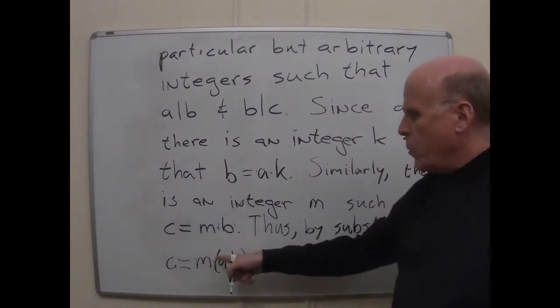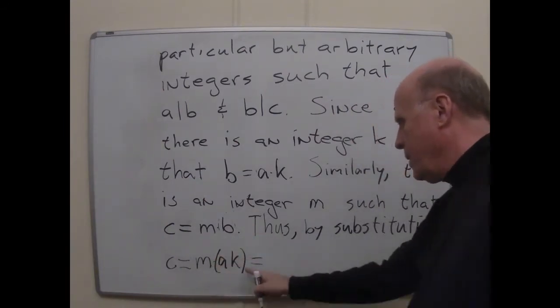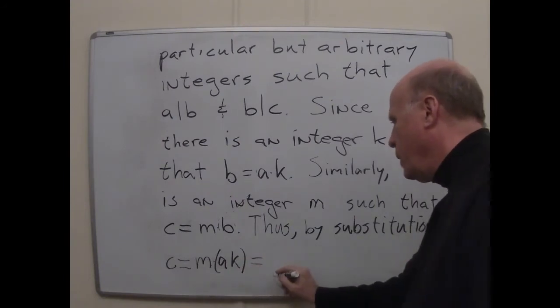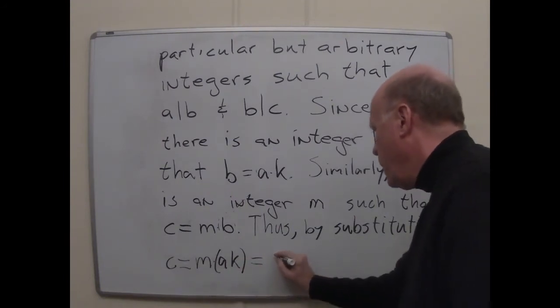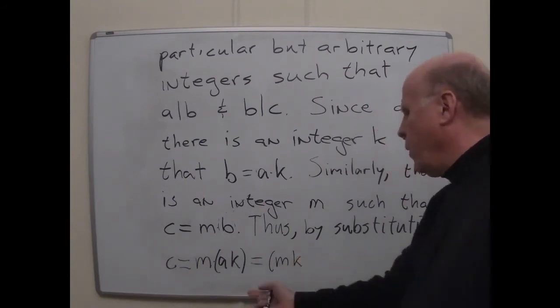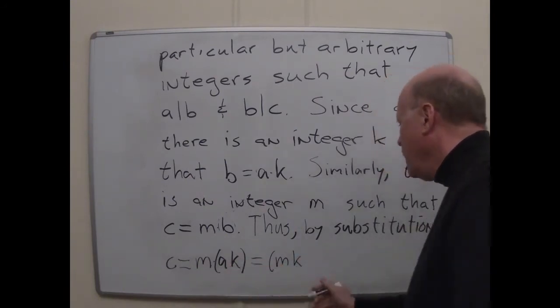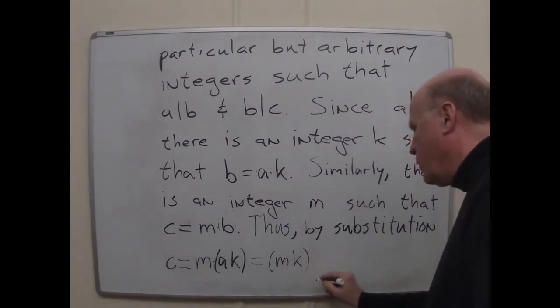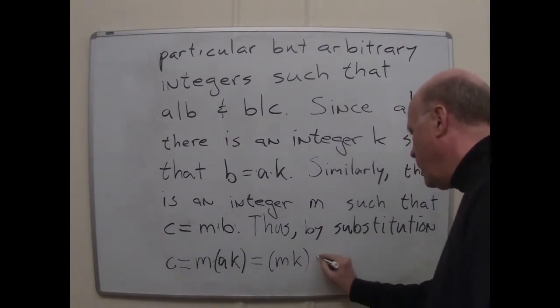I wanted it to be a multiple times A, so that's easy. Just reassociate and write it as MK. So we had to reassociate and commute, but that's okay because those are laws that we're allowed to do. MK times A.